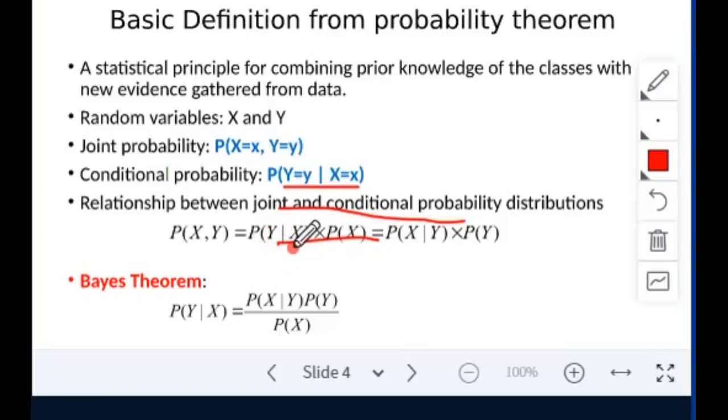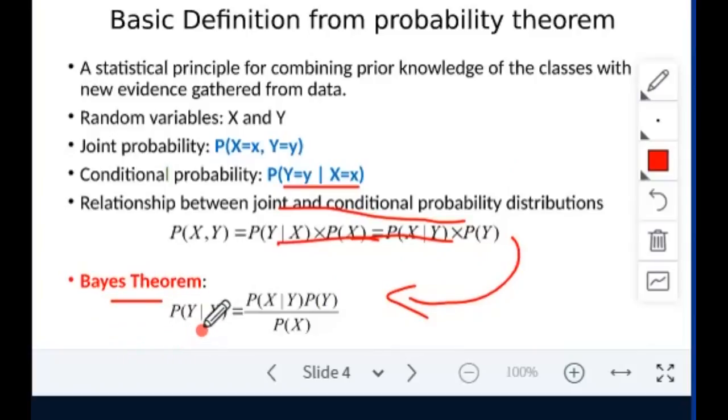Probability of y given x into probability of x is equal to probability of x given y into probability of y. This equation is rearranged and represented as Bayes theorem.